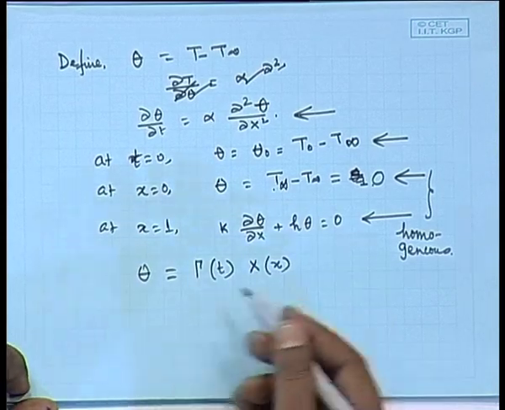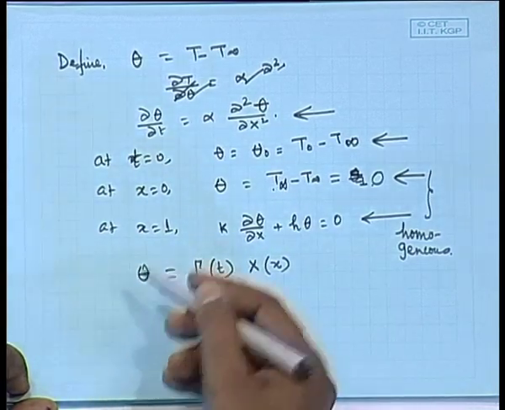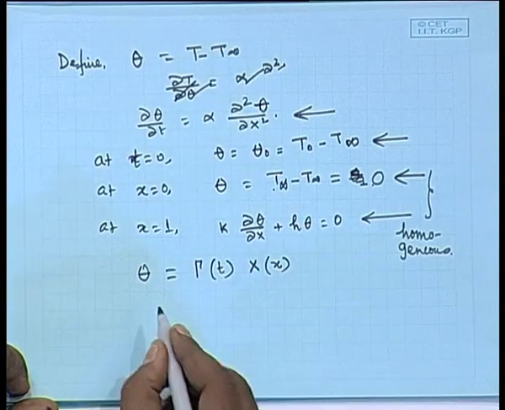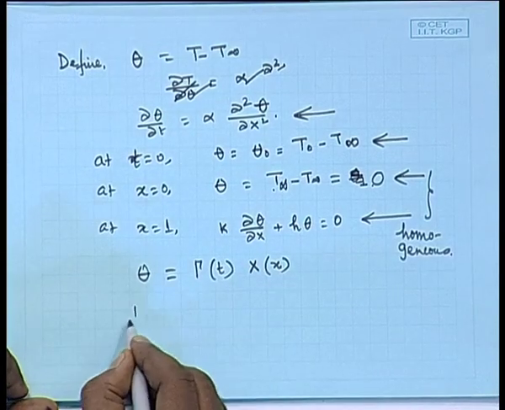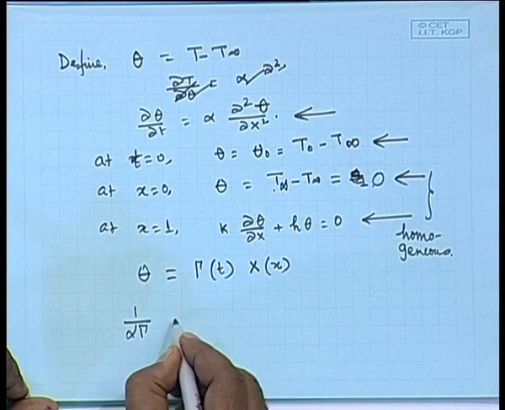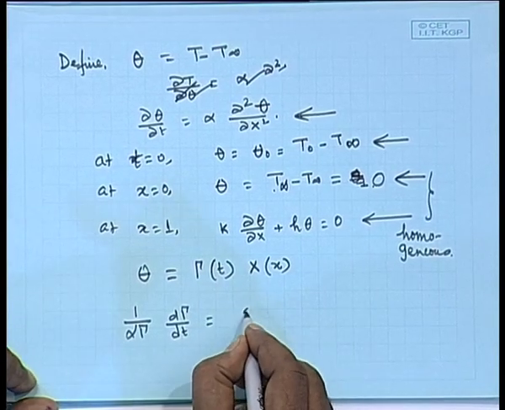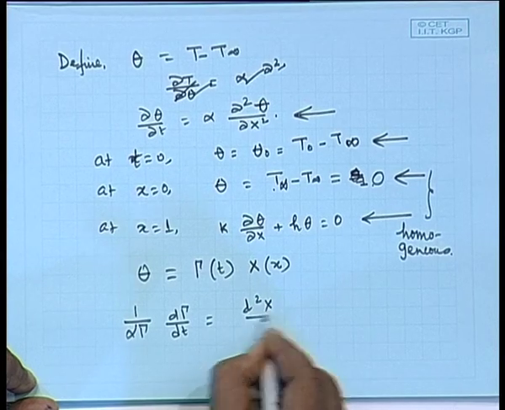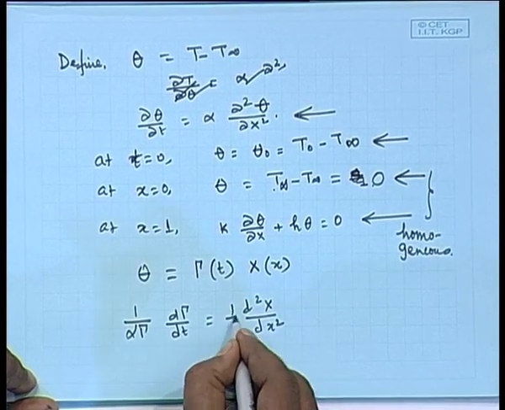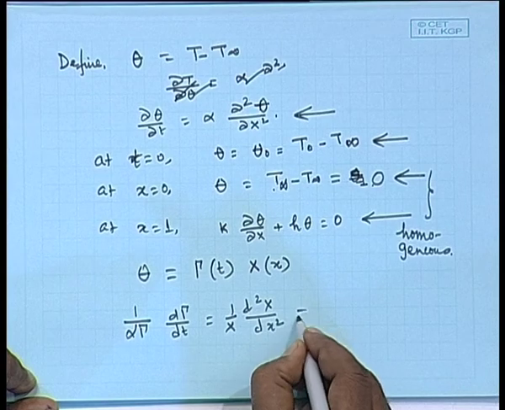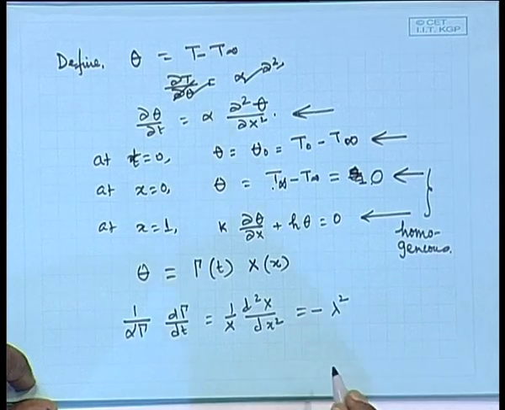You insert this into the governing equation, and after separating the variables, this becomes (1/alpha tau) dτ/dt equal to (1/X) d²X/dx², and this constant will be a negative constant.